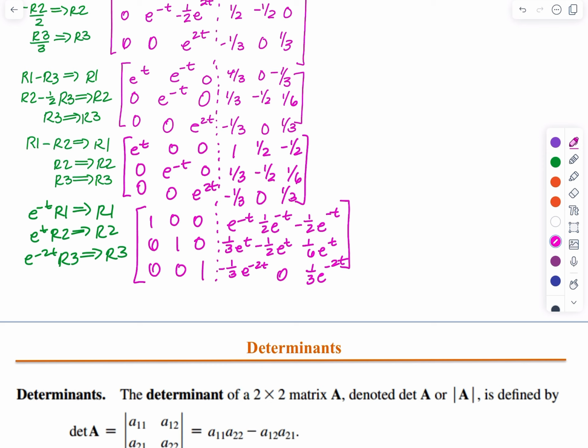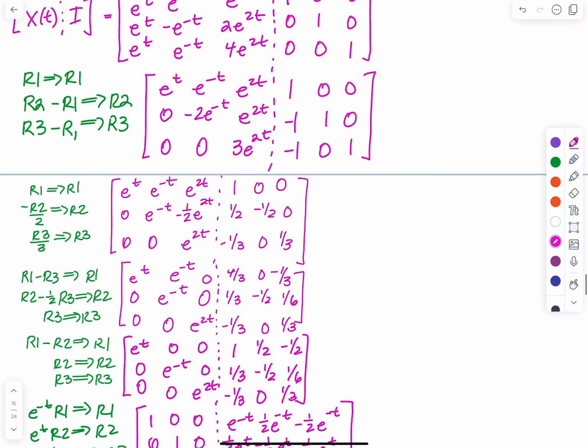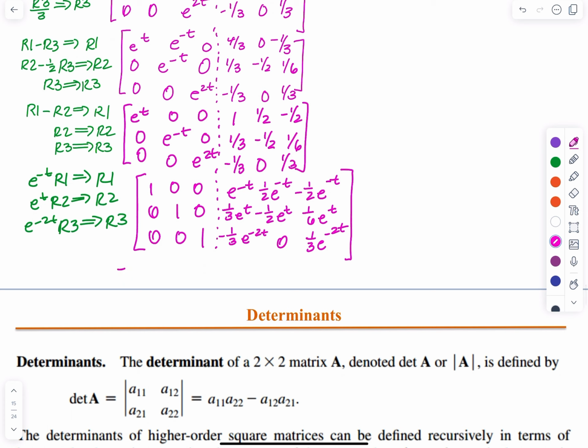Okay, so now you can see that what we started with was x of t times I, and now this is I times x inverse.